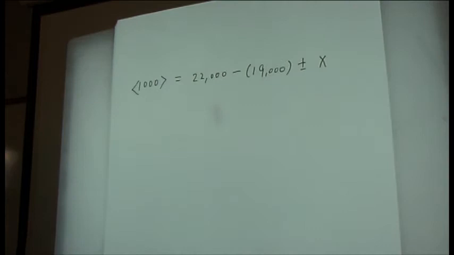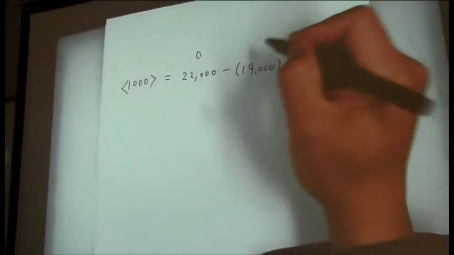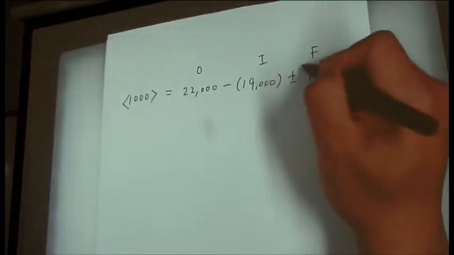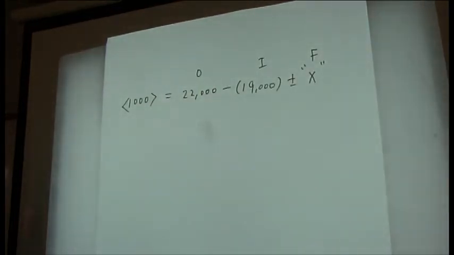Unknown x. That's what I'm talking about. Here is the operating activity, here's the investing activity, here's the financing activity. Just pretend the question is how much is the financing activity?